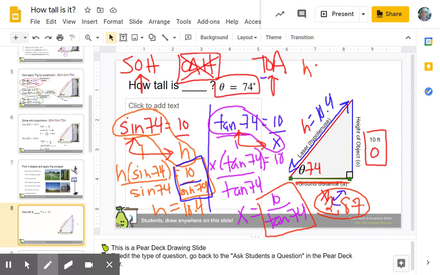So I've got an h of 10.4 and an adjacent side of 2.87. Without having to measure anything.